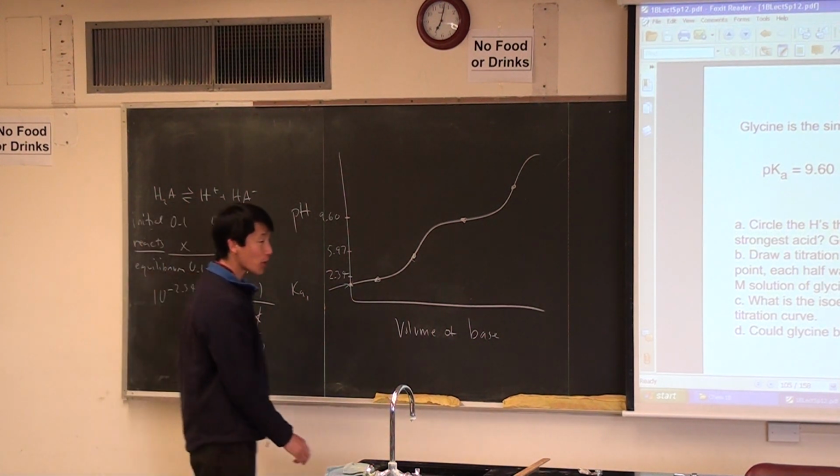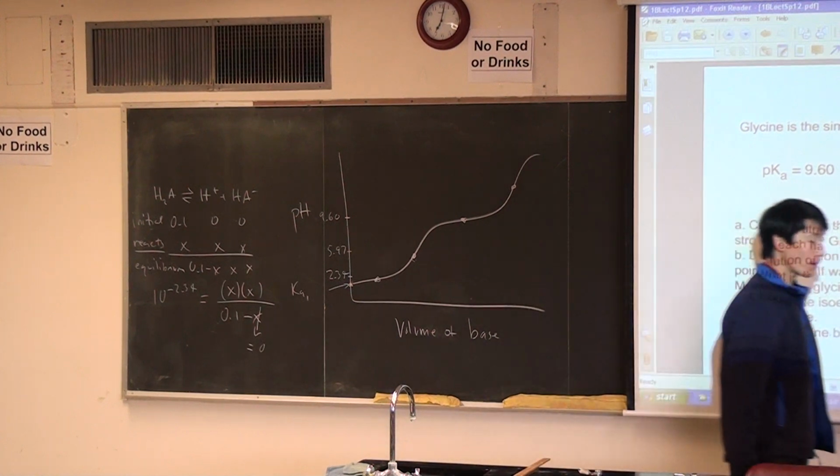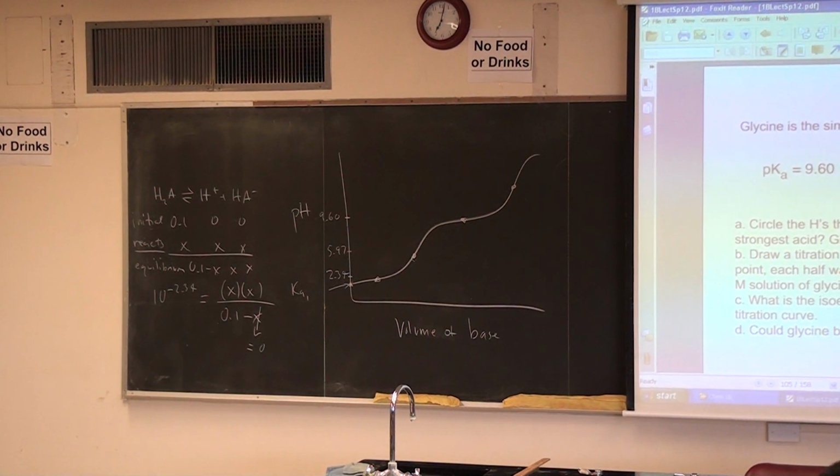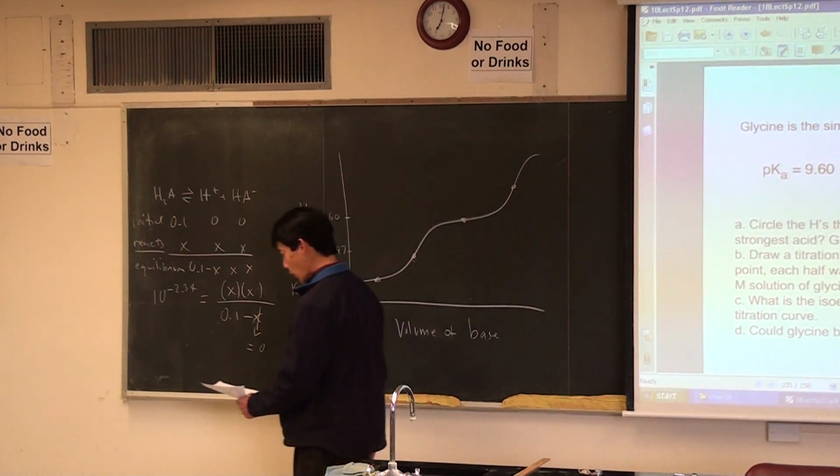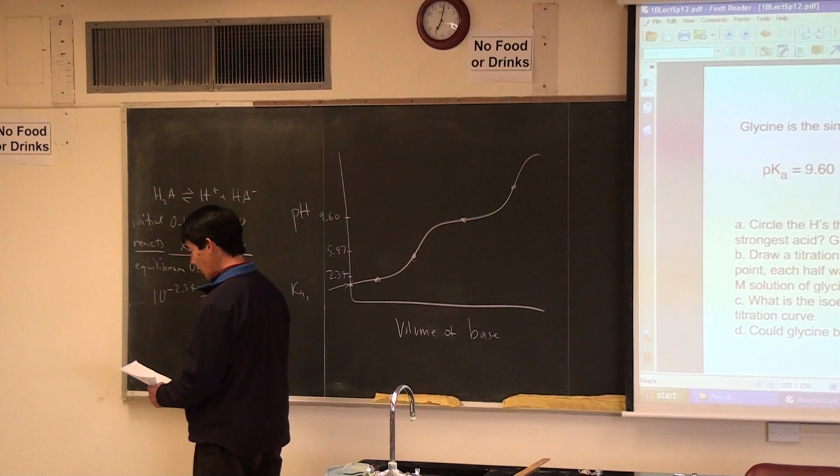So if we solve for x, well, I didn't do the calculation, but anyway, the pH at the starting point is 1.67.